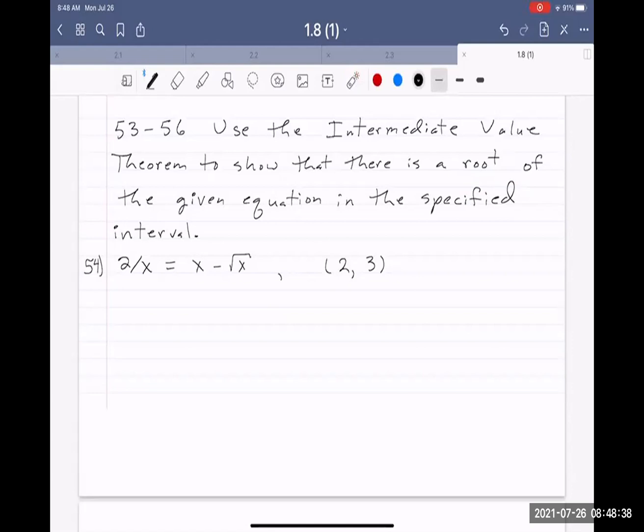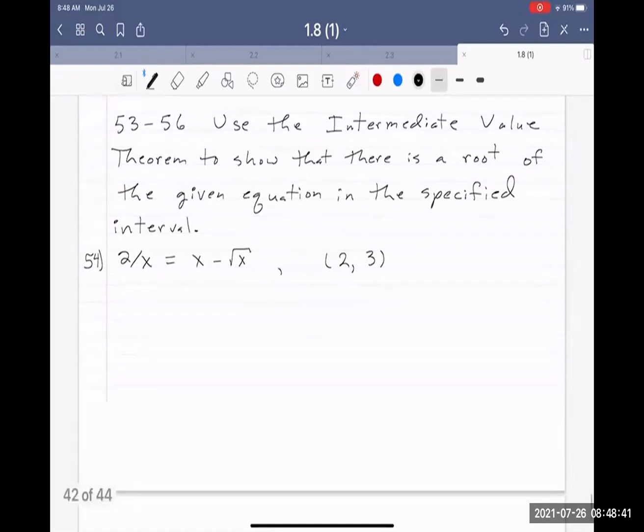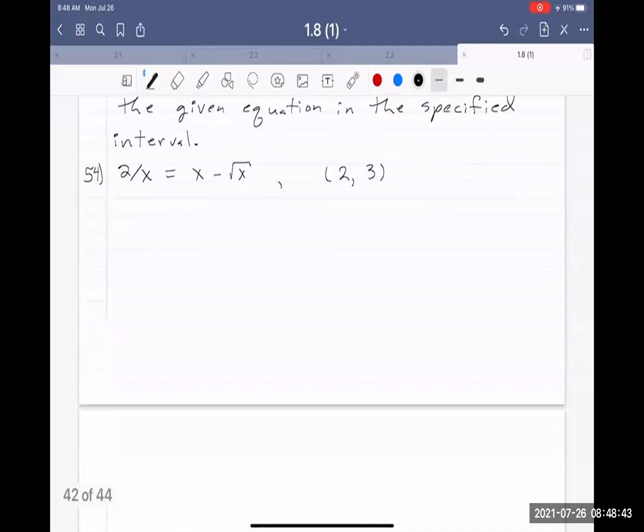So first off, let f of x equal x minus the square root of x minus 2 over x on the closed interval 2 to 3.